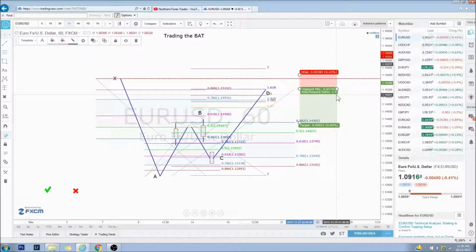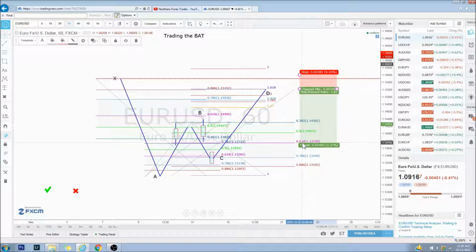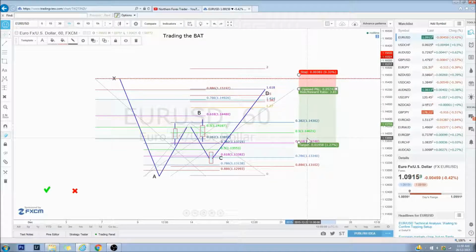You're already at almost a 2.5 to 1 ratio at the first target, and then you're going to be hitting almost 4 on the second target. That's why I love the bat patterns. Bat patterns are low risk and high profit. That's the way you trade the bat.